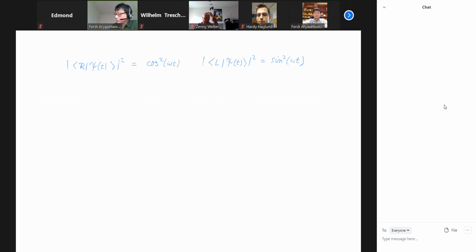Those are the only two states. So if we plot this, then we will get something like cosine like this and the sine like this. This will be the cosine squared, and this is the sine squared.